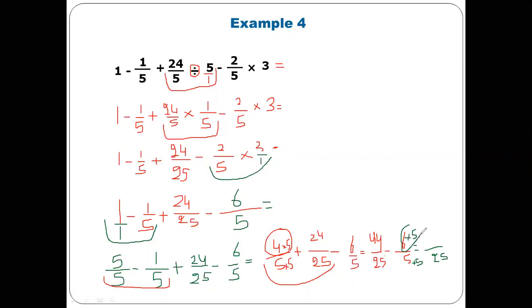The answer here is going to be 30. So I just subtract the numerators under the same denominator, which is 25. 44 minus 30 is 14. So this is the final answer in its simplest form.